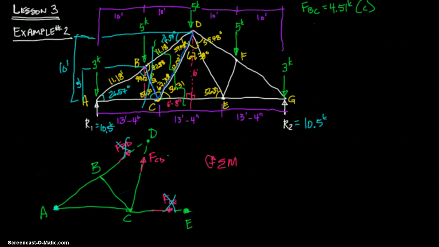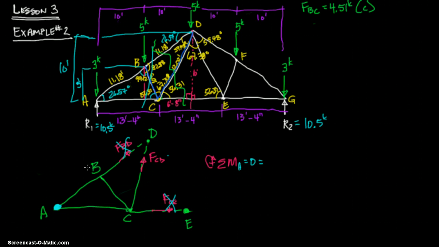So if I do it about A, those two forces are going through A, and FCD is not, and therefore FCD will induce a moment, but the other two will not, and we will be good. So we want to do the sum of moments about point A equals 0.